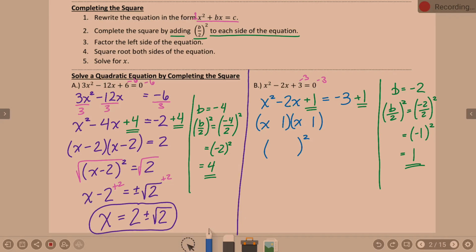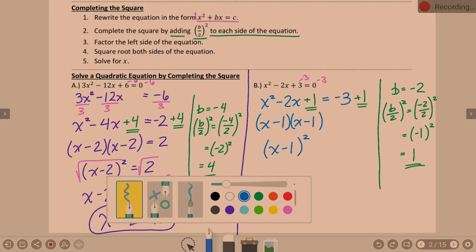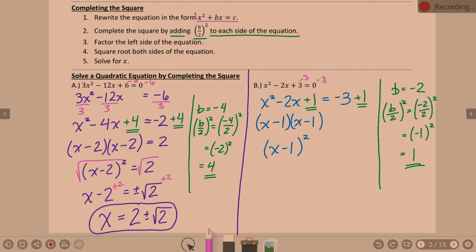Anytime that middle term is negative, in this scenario, you're going to need 2 negatives. So this is x minus 1 quantity squared. I will tell you also, I don't know if you guys have caught this or not, over here, it was x minus 2, right? It's also this number here in this step before you square it. There's a connection there also. Okay?